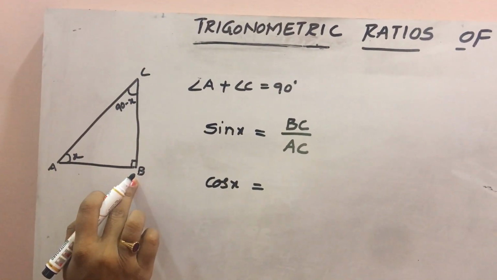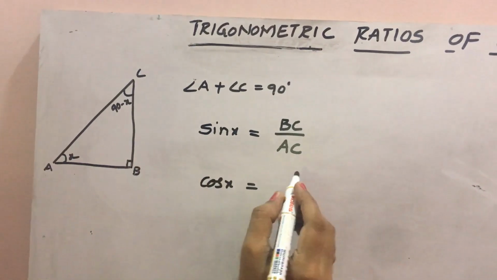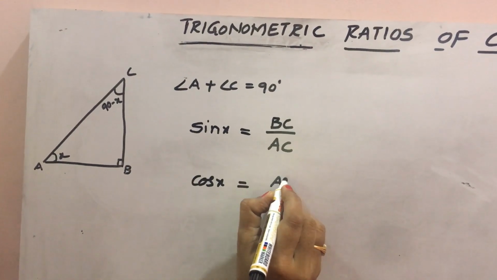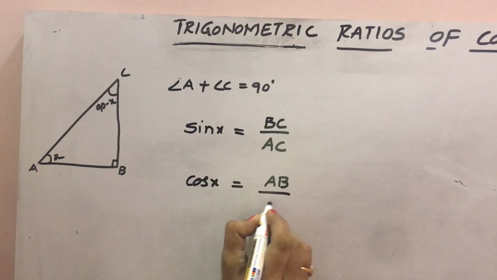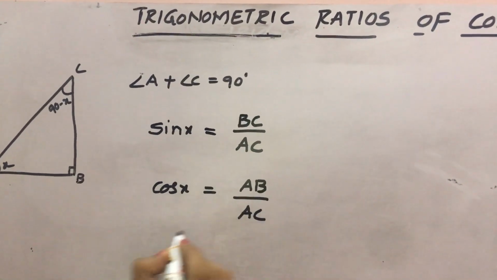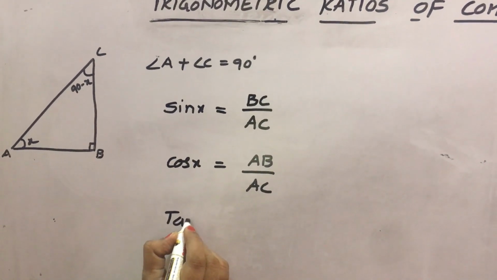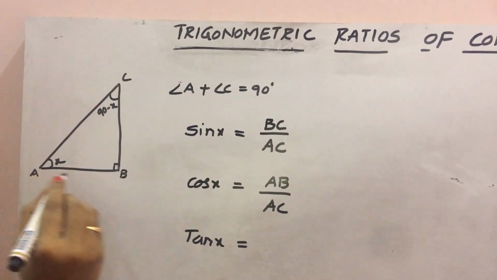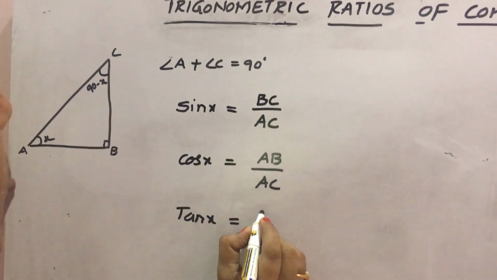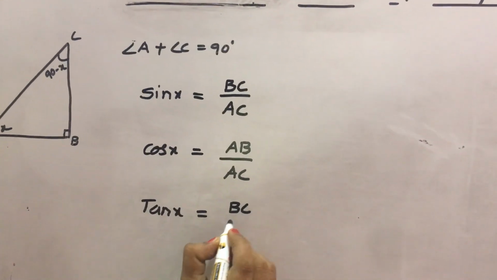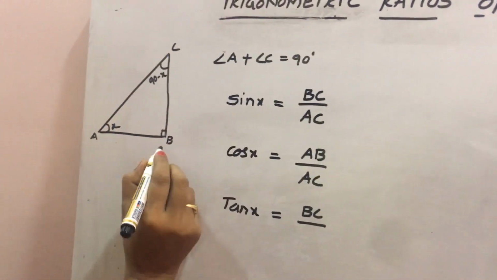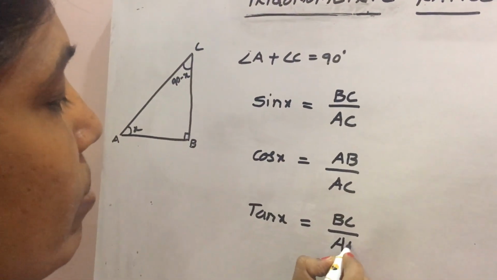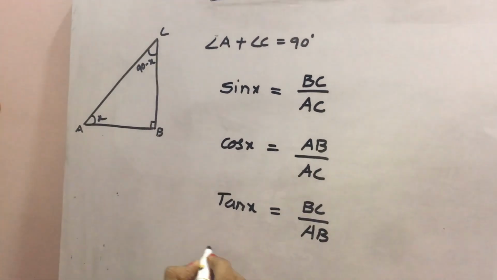Adjacent side to X by hypotenuse. What is adjacent side to X in this triangle? AB. Hypotenuse is AC. Tan X is equal to, by the definition, opposite side to X by adjacent side to X. What is opposite side to X in this triangle? BC. Adjacent side to X is AB. BC by AB is the ratio of tan X.